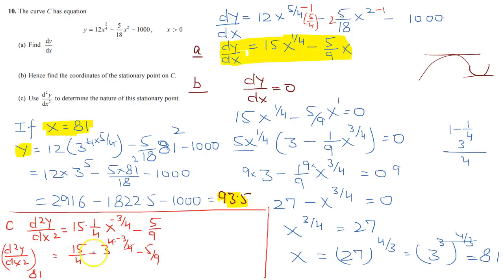The 4 cancels. So it will be 15 over 9 times 4, 36, minus 5 over 9.